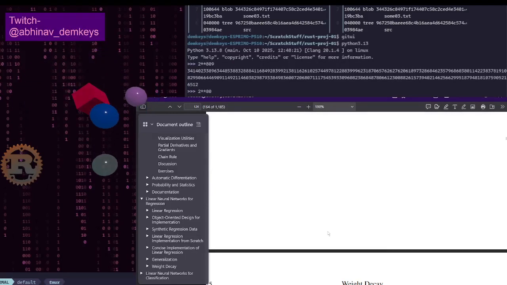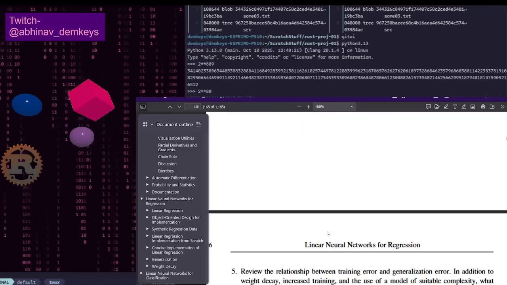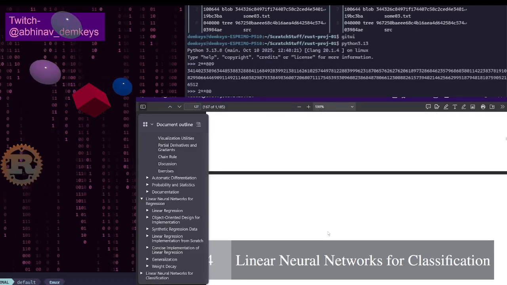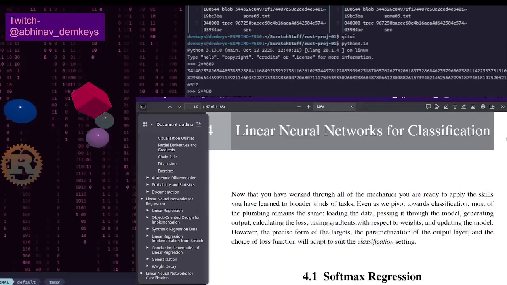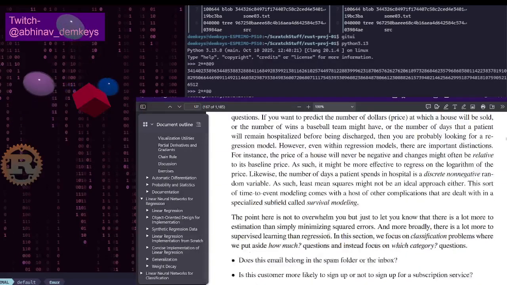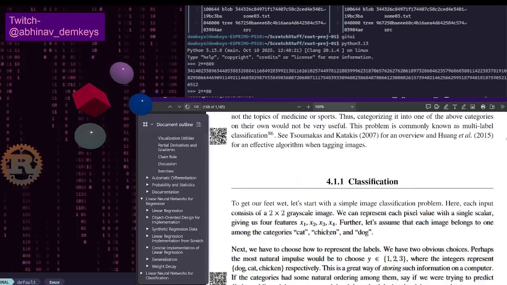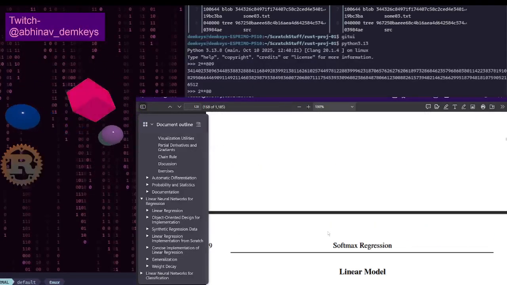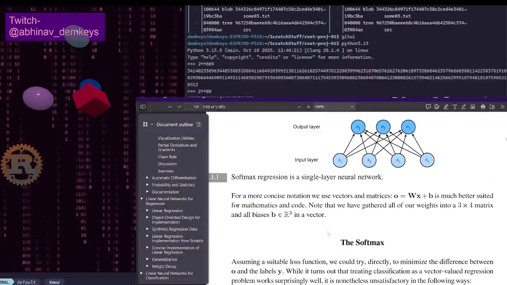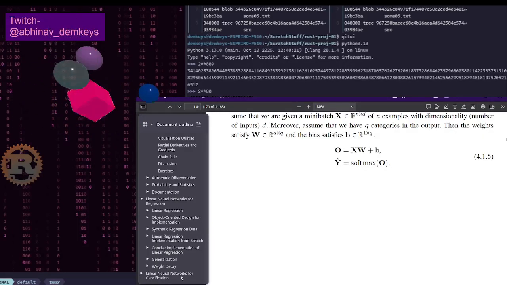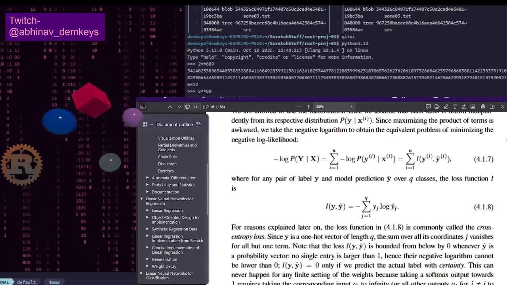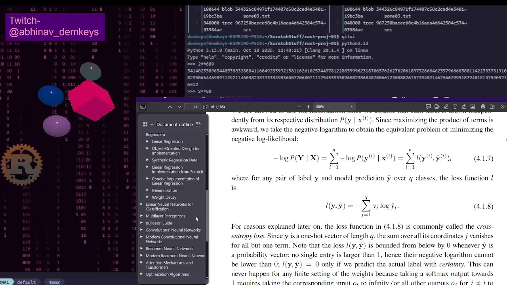Okay, all right. Linear neural networks for classification. Softmax regression, classification. Okay, where are we now? Oh, okay. We need to scroll down.